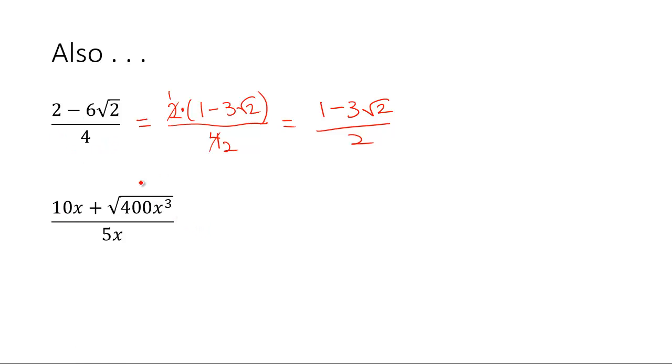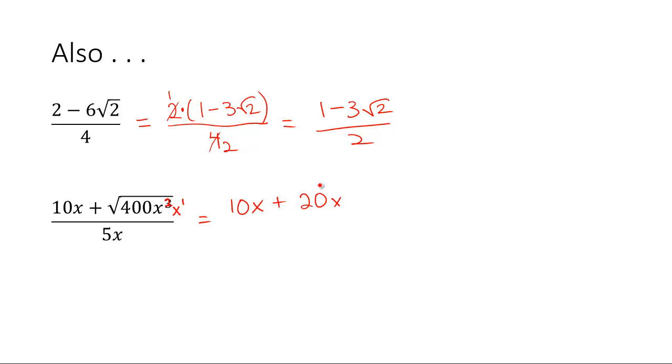And same here. Now in this case, the root, you can actually simplify it because root 400 is 20. So let's just simplify that first. So that's 20, and then there's an x squared that comes out because x cubed is x squared times x.